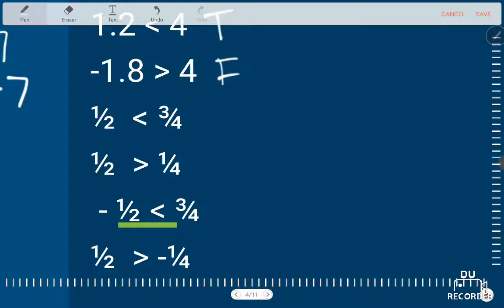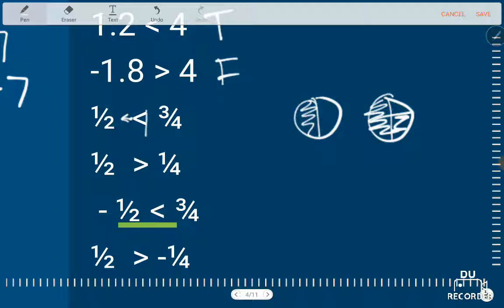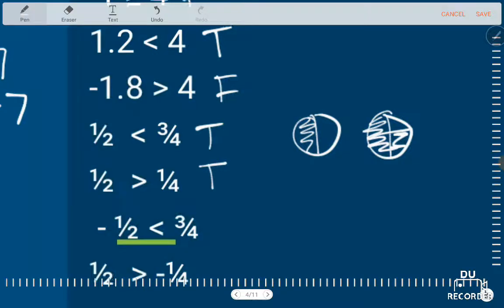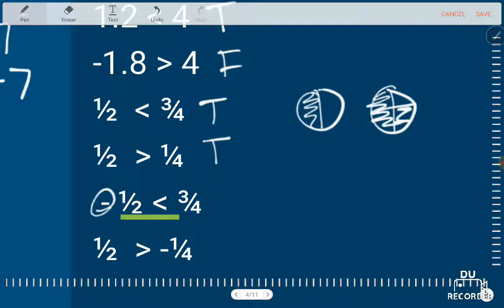Okay, looking at the fractions, maybe you want to think about pie charts here. 1/2 and 3/4. 1/2 is smaller than 3/4, so the smaller number is 1/2. The bigger number is 3/4, so that looks good. That's true. 1/2 bigger than 1/4 is also true. Here I've got a negative less than a positive, so that's true.